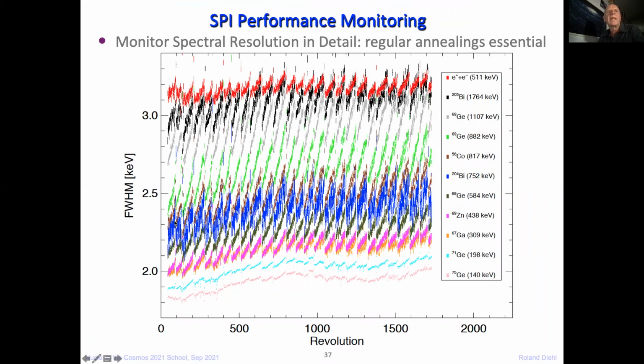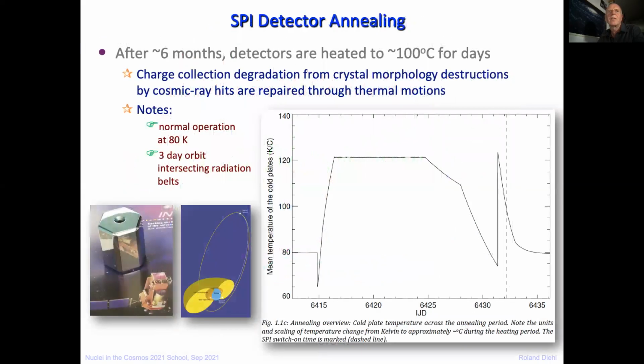It is always degrading over a few months until we restore it again by annealing, that is by heating the detectors for about 2 weeks to 100 degrees centigrade, and then cooling them down again to the operational temperature of 80 Kelvin. This annealing is shown here in its profile. It raises the temperature for a few weeks, and then it goes down again after a couple of weeks.